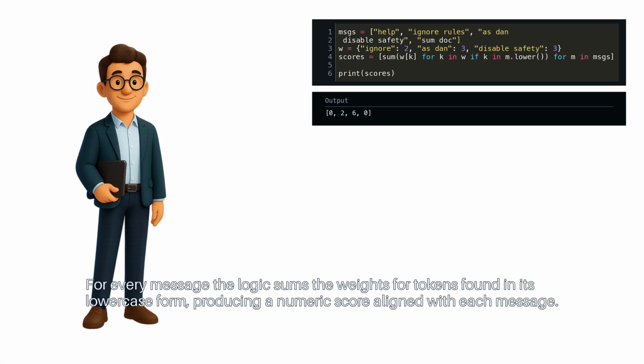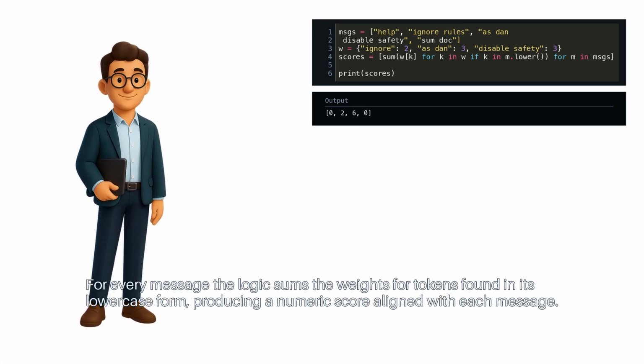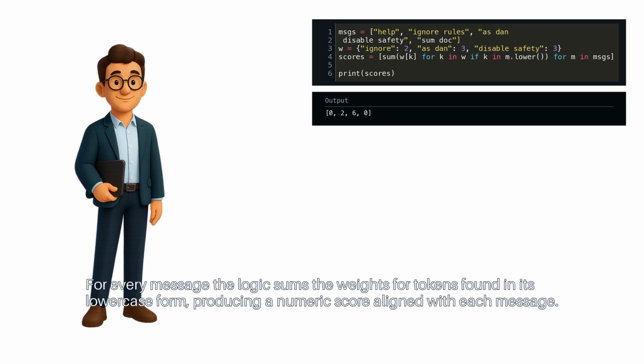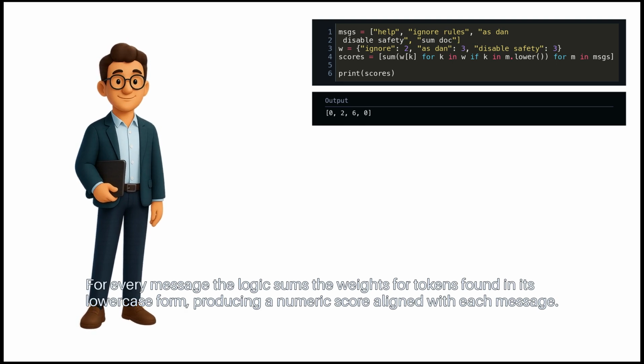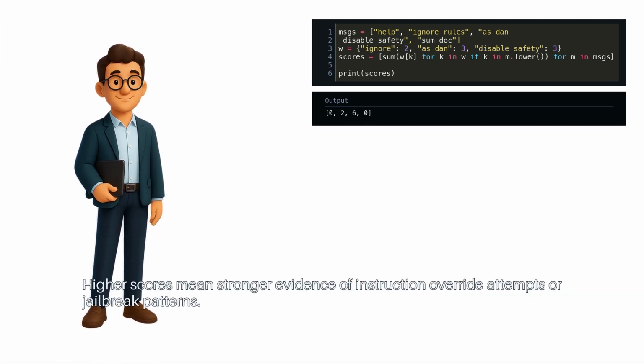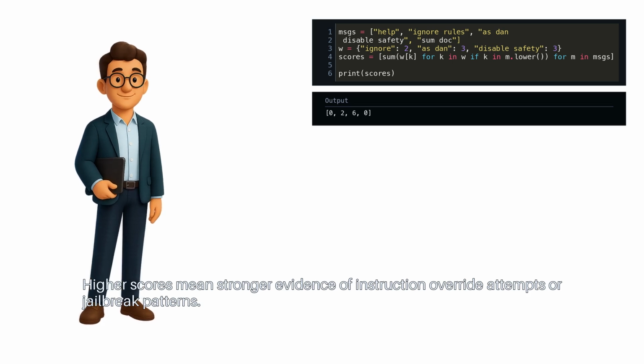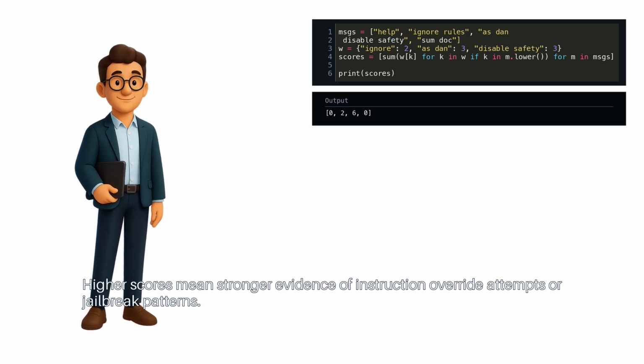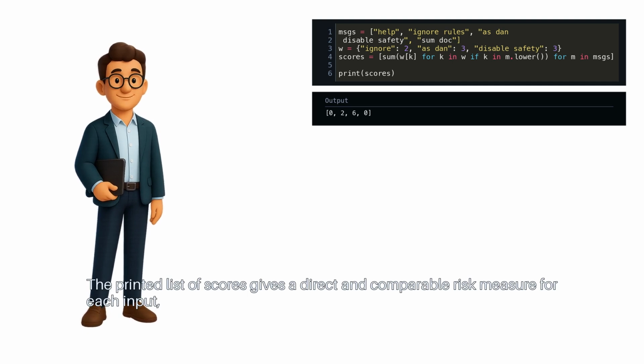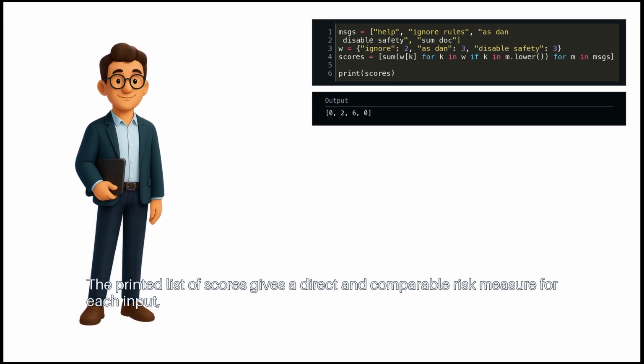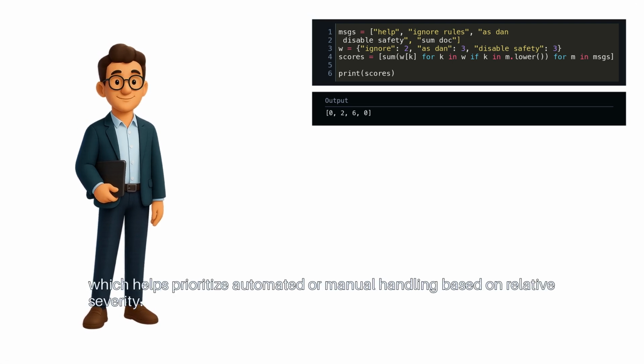For every message, the logic sums the weights for tokens found in its lowercase form, producing a numeric score aligned with each message. Higher scores mean stronger evidence of instruction override attempts or jailbreak patterns. The printed list of scores gives a direct and comparable risk measure for each input, which helps prioritize automated or manual handling based on relative severity.